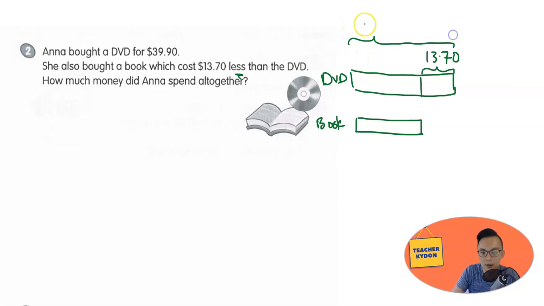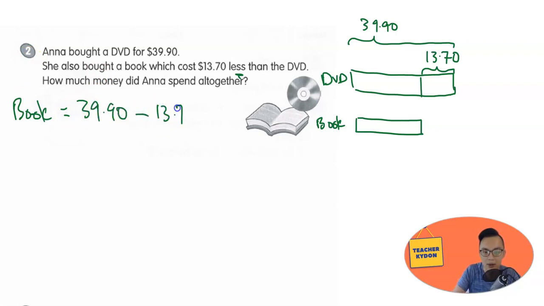So this whole thing costs $39.90. And then after that, to find the price of the book, you tell that you need to take the price of the book equals to $39.90 minus away $13.70. Okay, so this model is really important. It helps you to visualize what is important, which is more expensive and which is cheaper, which is more, which is fewer, or less. All right.